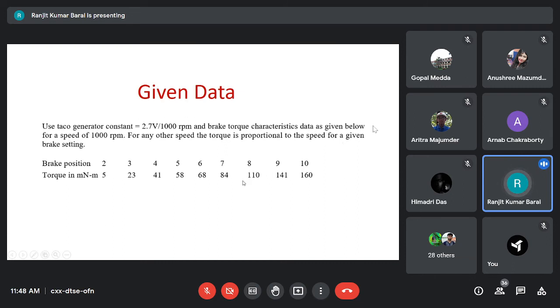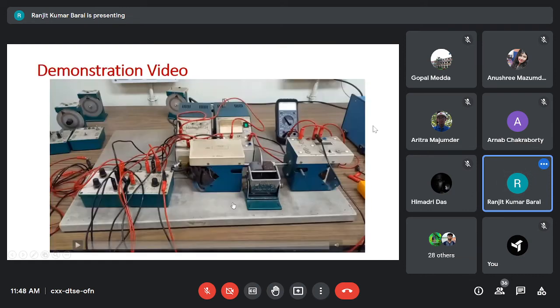This is possible because later we will see that the speed torque curve of a DC servo motor is perfectly linear. That is why we can interpolate the data linearly. Now let us see one video.